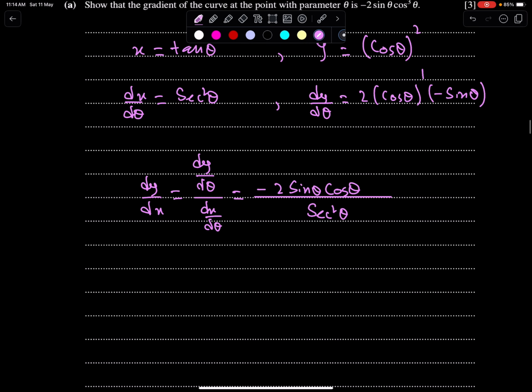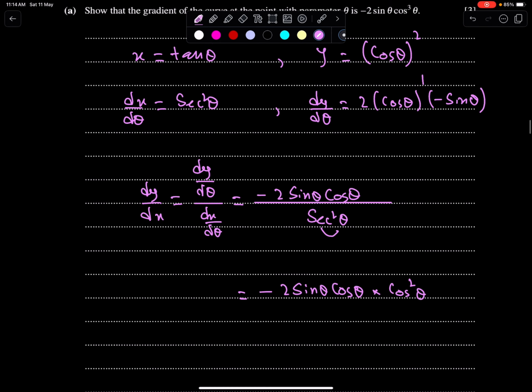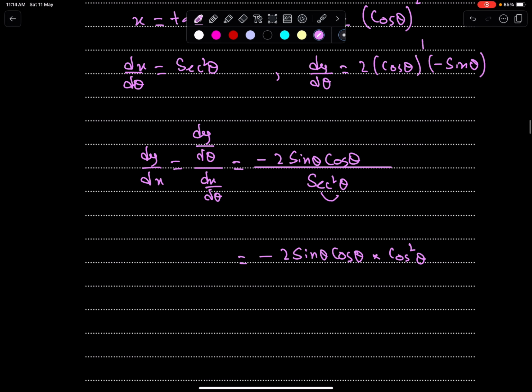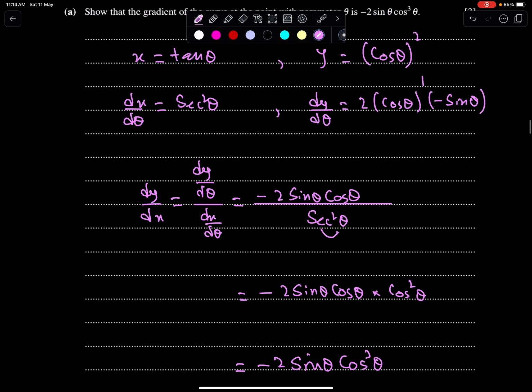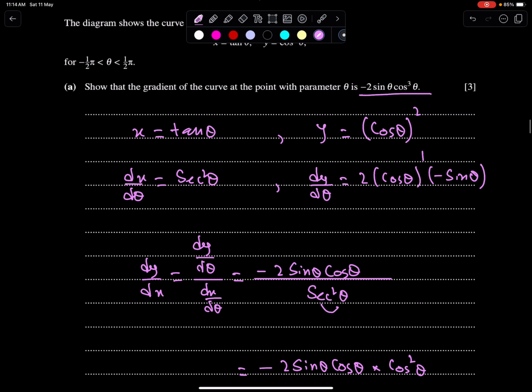You know the reciprocal of sec square theta is cos square theta. So this will become cos square theta in numerator. So we have minus 2 sin theta times cos cube theta, and I think this is what we had to show.